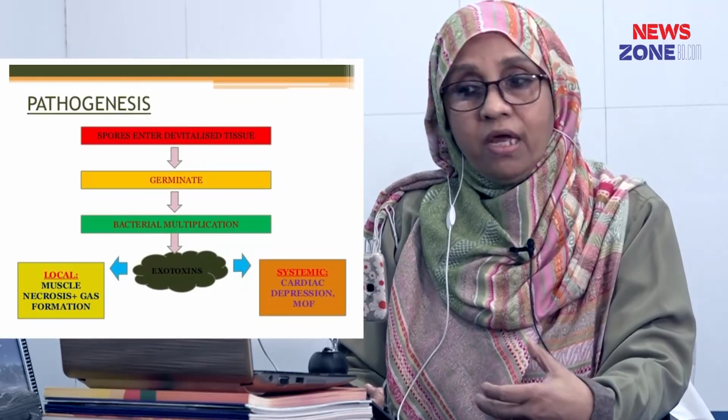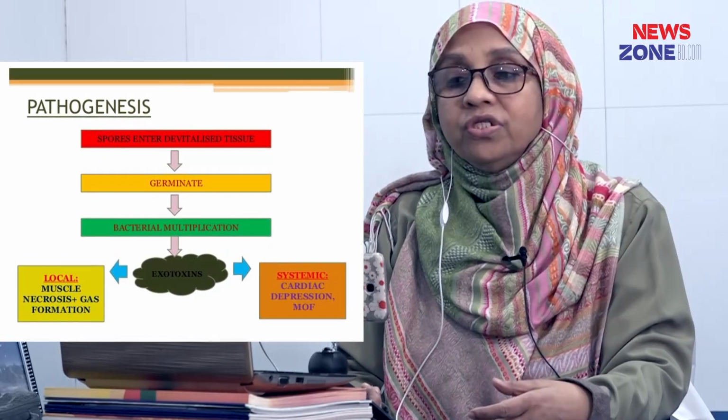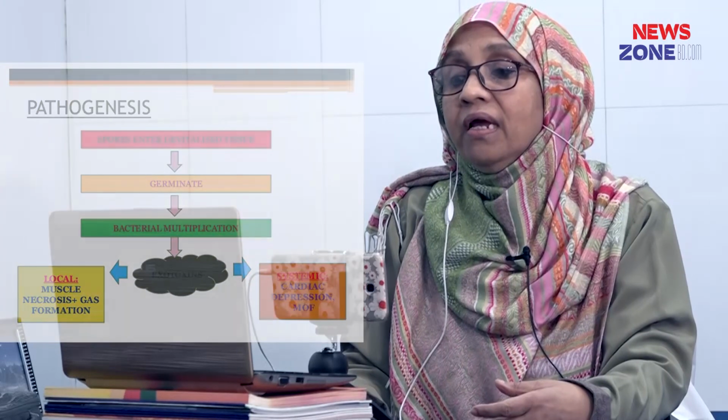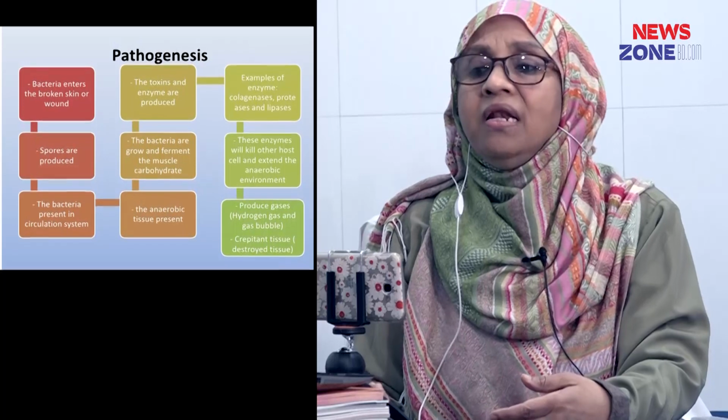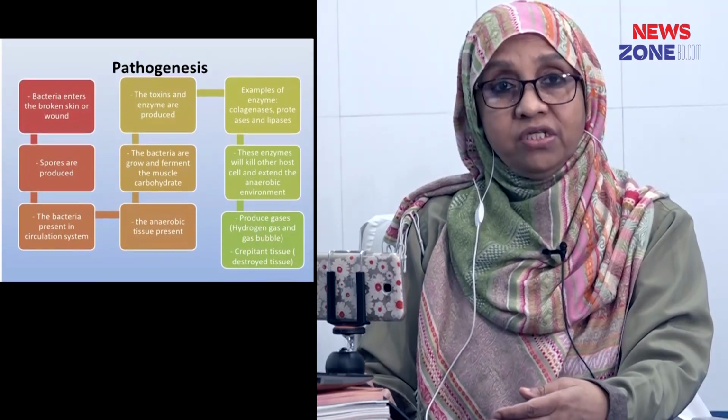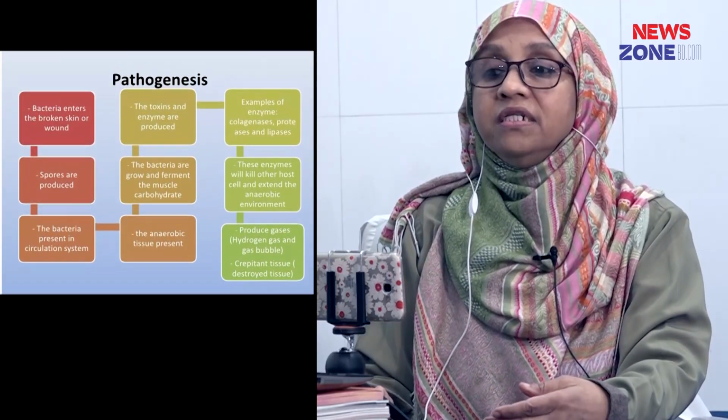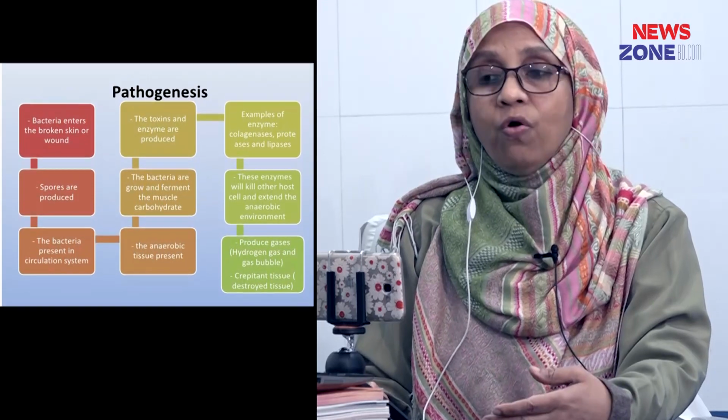Locally, they cause muscle necrosis with gas formation, and systemically the liver, heart and so on can be involved. So in elaborating the pathogenesis, we can explain it like this: the bacterial spore enters through broken skin or a wound.